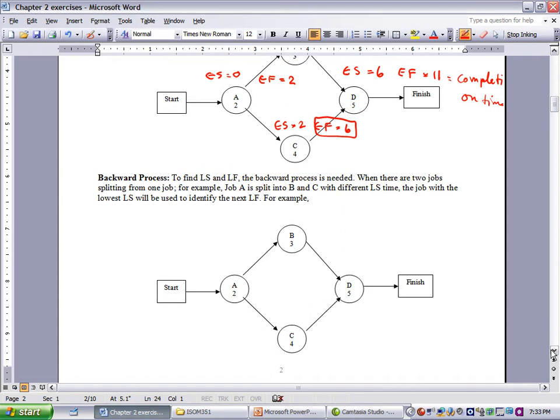To start LF, you will take the highest number of the forward process and start subtracting numbers out to become LS.